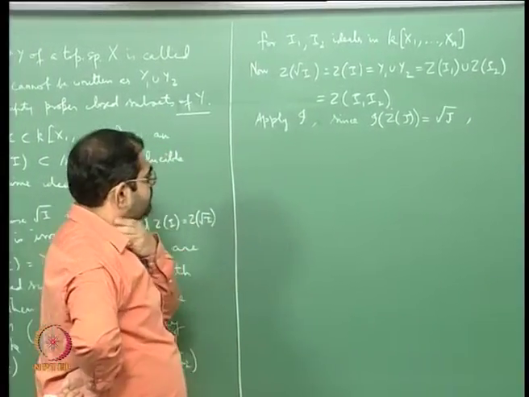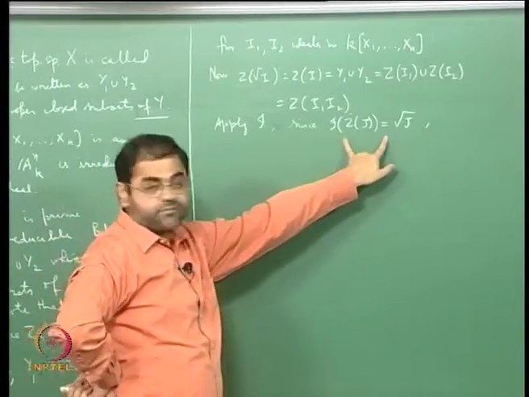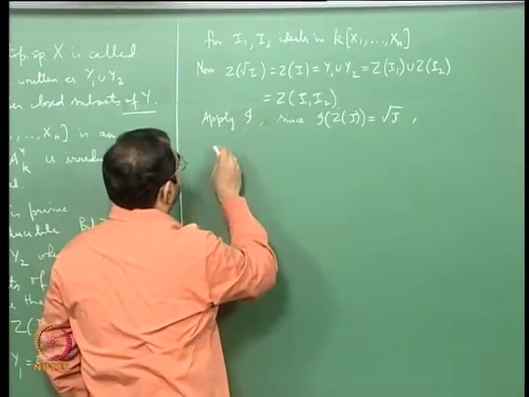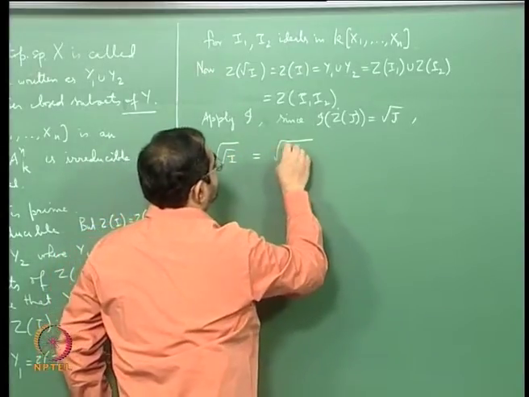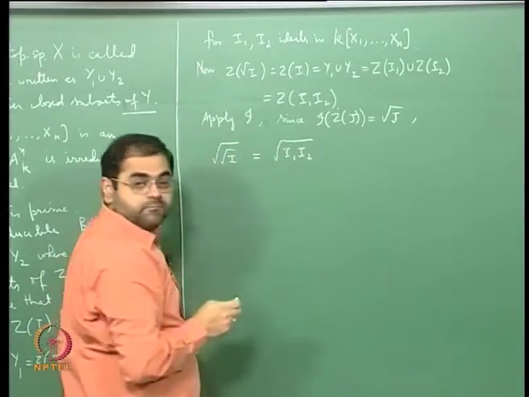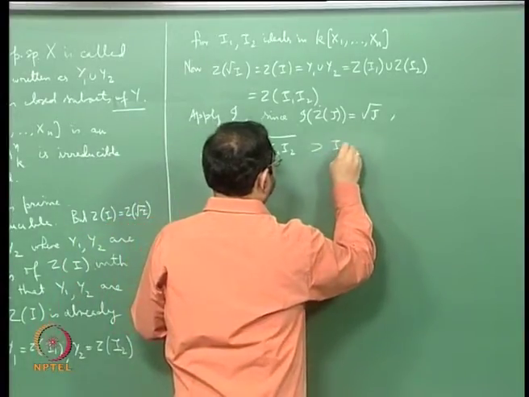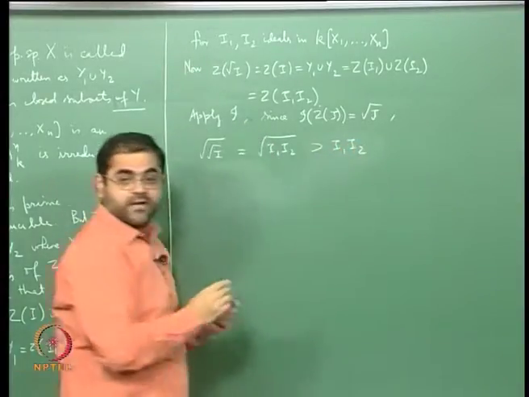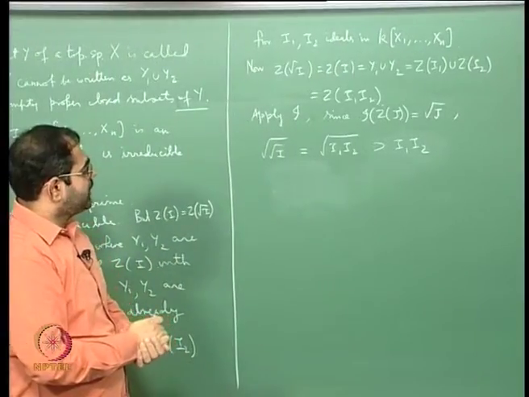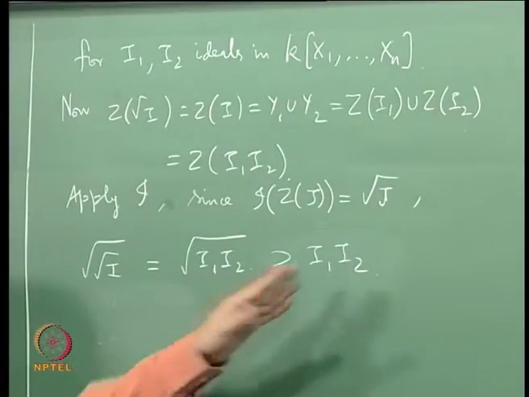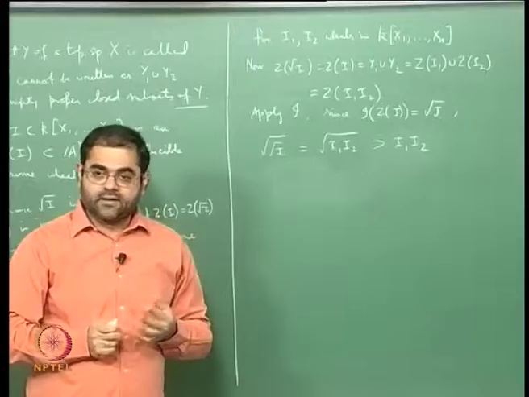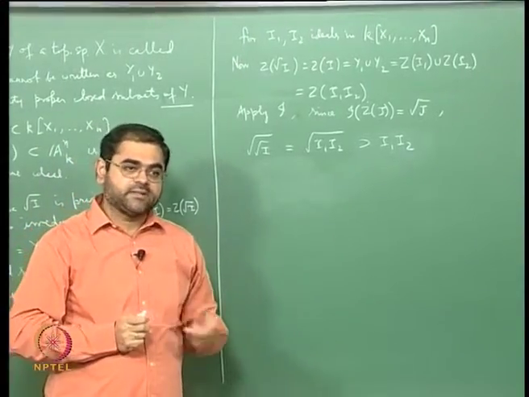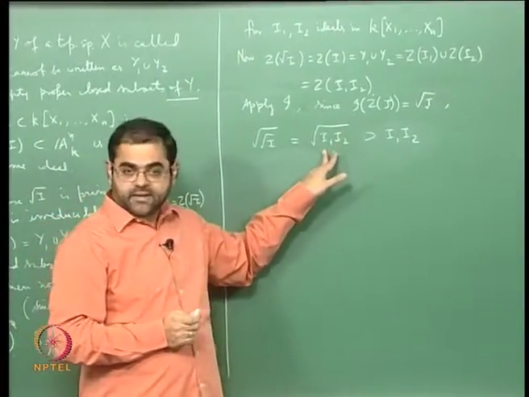So this statement uses the Nullstellensatz, and if I apply this on both sides, what I will get is the radical of rad I is equal to the radical of I1 I2. I just want to say that this contains I1 I2. So you see the radical of an ideal always contains the ideal, because the radical is all those elements some positive power of which is in the ideal, and the first power of every element of the ideal is in the ideal, so the ideal itself is contained in its radical always.